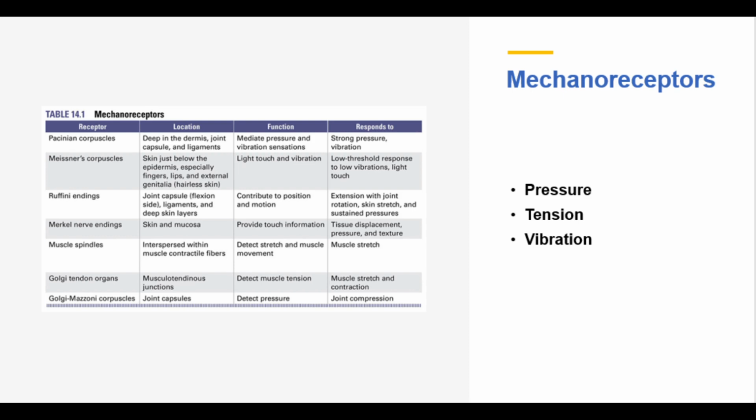For example, your Golgi tendon organs are located at the junction between the muscles and the tendons, and they are able to detect muscle tension, and they respond to muscle stretch and contraction. So that is just one example, but once again, these are a series of specialized afferent nerve endings that respond to mechanical stimulation.